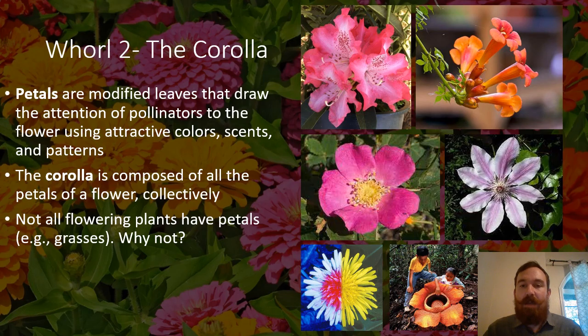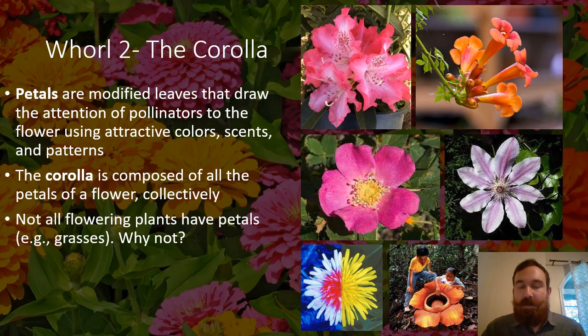However, if we look at this rhododendron here, in the top left corner, we can see that the 5 petals are actually fused together. And in a plant like the trumpet vine in orange, in the top right corner, we still have 5 petals, but we can see that the tube that they're fused into is actually quite long. And that forces the pollinator to really get down in there in order to access any nectar.